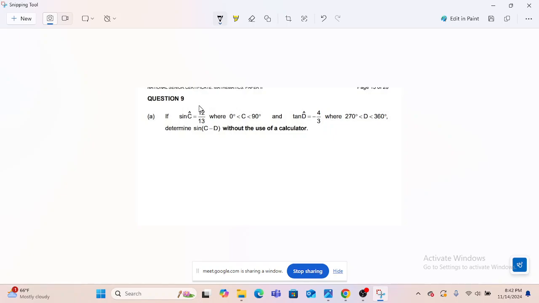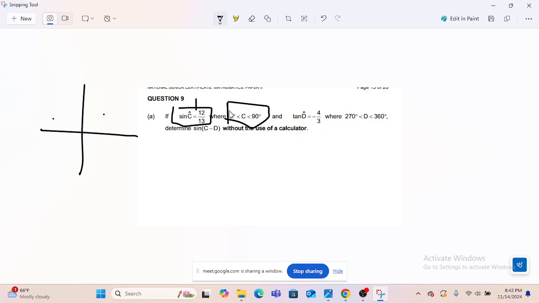You must be very careful with this type of question. So you're going to construct a sort of Cartesian plane. We know that because the ratio is positive, and sine is positive on the first quadrant and the second quadrant.